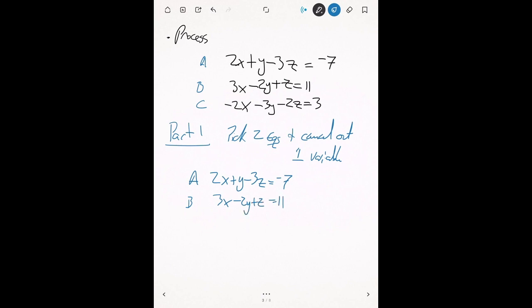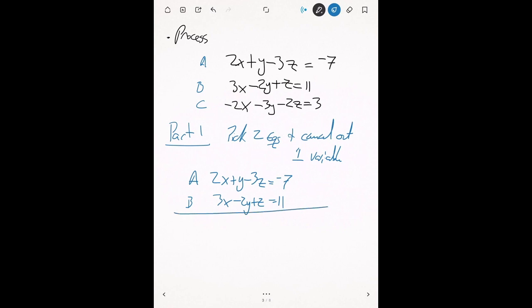Again, it doesn't matter which 2 equations I pick. I just picked these ones, and I decided I'm going to cancel out the z's. Again, it does not matter what variable I cancel out. I could cancel out x, I could cancel out y, but maybe I'll cancel out the z's.